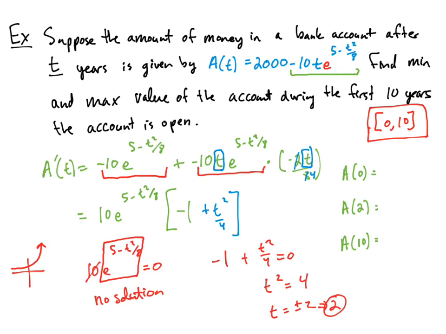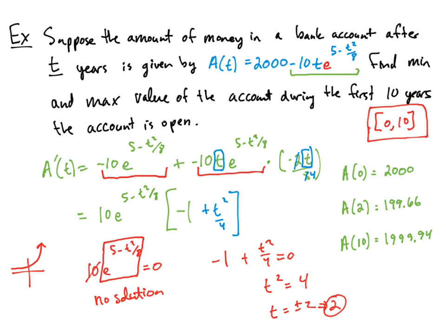Let's see what those values give us. When we input 0 for t, we get 2,000. When we input 2 for t, we get $199.66. When we input 10 for t, we get $1,999.94.